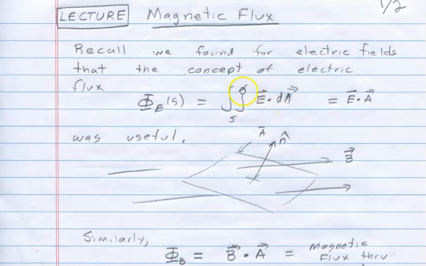Most of the time, we have flat planar areas and uniform fields, and so we had electric field dotted into the area vector for the flux going through a planar element.